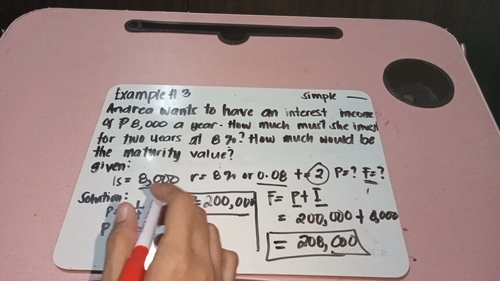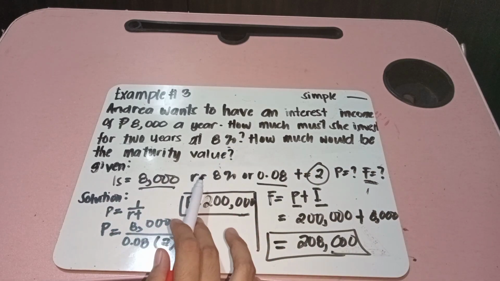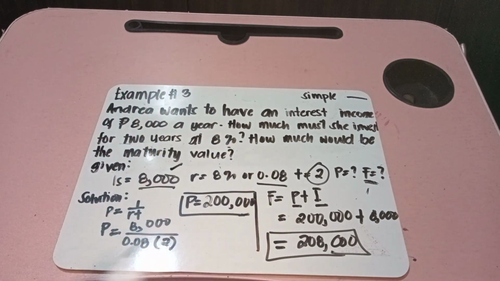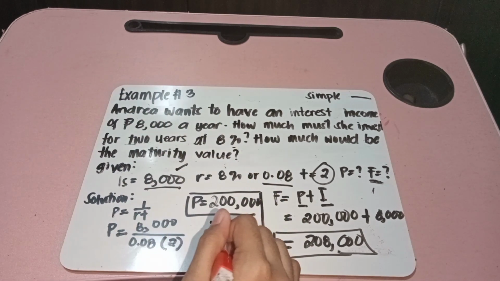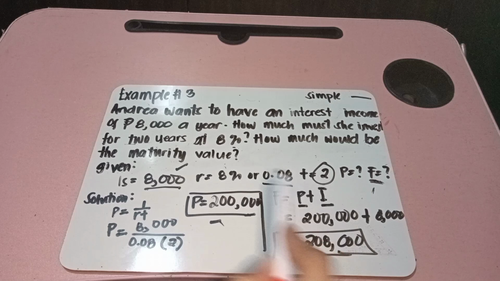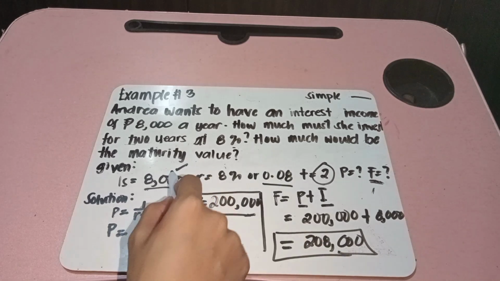So, ibig sabihin, kung gusto niyang kumita ng interest na 8,000 pesos sa loob ng 2 taon, kailangan niya mag-invest ng 200,000 pesos. The second question is, how much would be the maturity value? So, kailangan niya mag-invest nito para kumita nito.